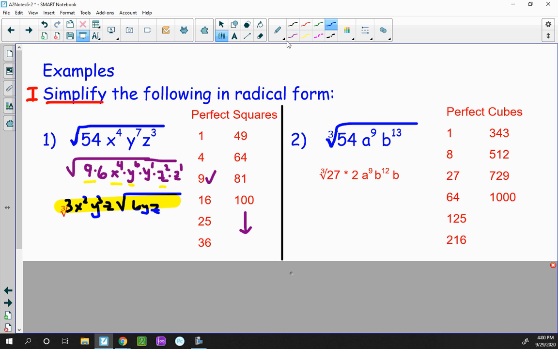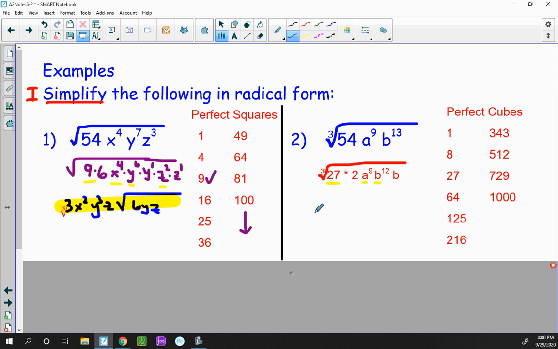Alright, so let's see what happens next. So we got this cube root. You're going to underline the pieces that you can actually take the cube root of. 27 is going to work nicely, a to the 9th, b to the 12th.